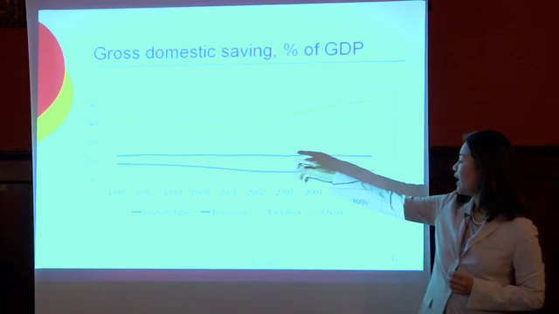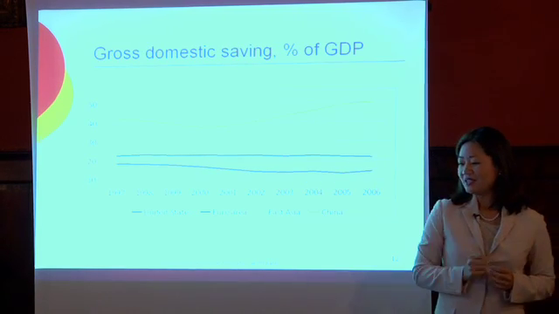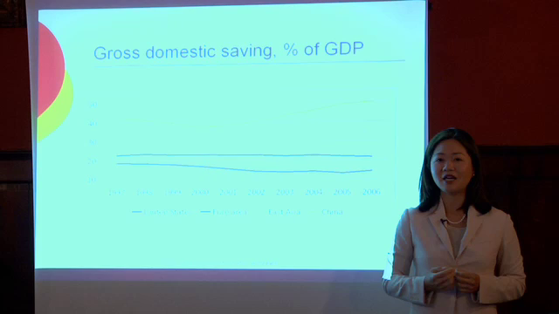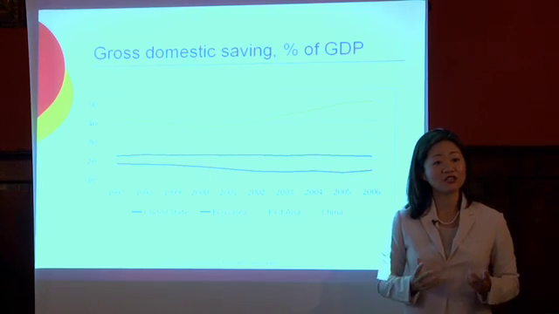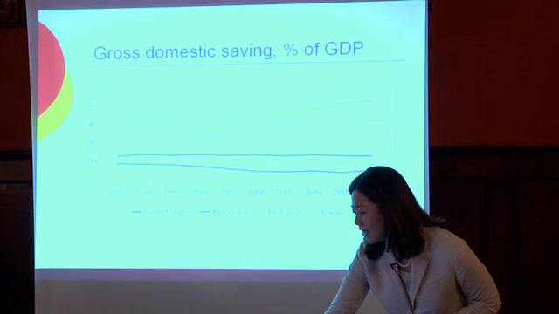Now, I put the euro area on here just to show you what's happened there. You can see the euro area savings rate hadn't changed a great deal in the last decade.